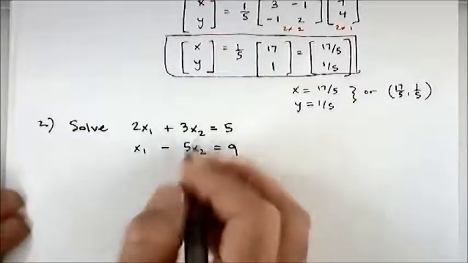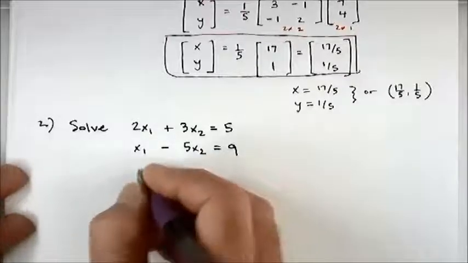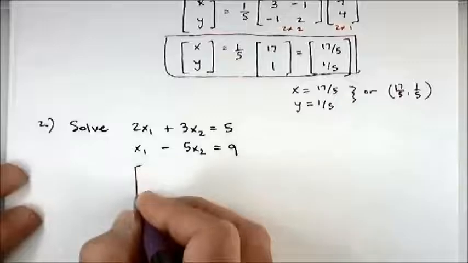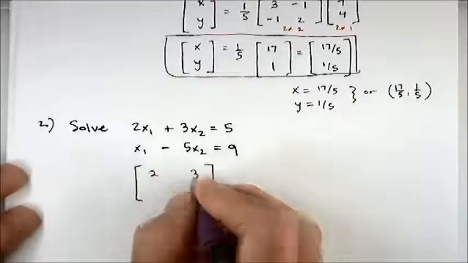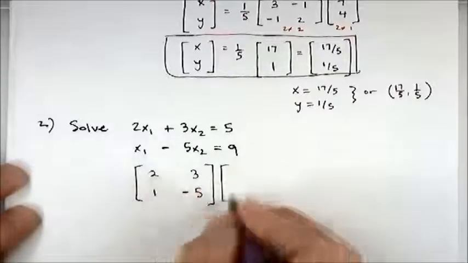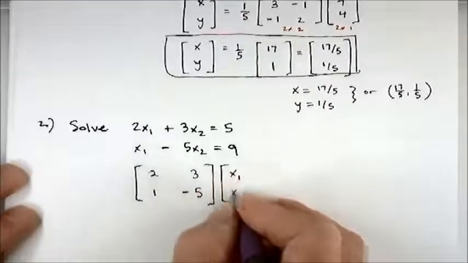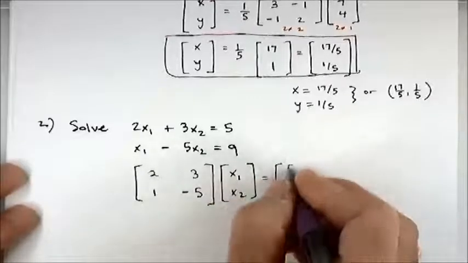Okay, so we want to solve this system of equations. Let's put this in matrix form first. In matrix form, I have my coefficient matrix, 2, 3, 1, -5, times my two variables, x1 and x2, equals my solution, 5, 9.